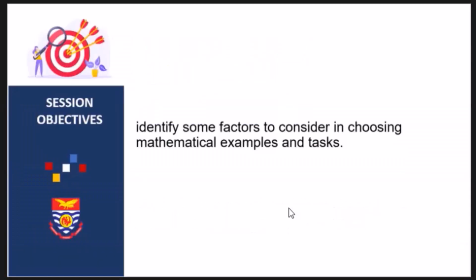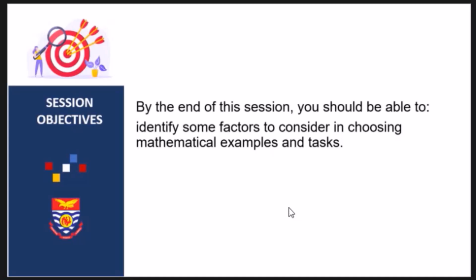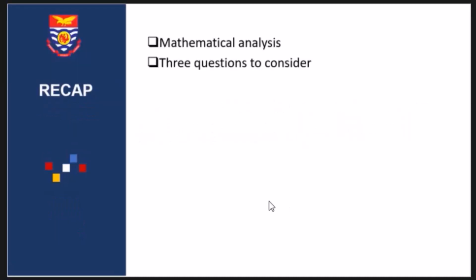Let's look at the session objectives. By the end of this session, you should be able to identify some factors to consider in choosing mathematical examples and tasks. In our previous session, we looked at mathematical analysis and we talked about 3 questions to consider when doing mathematical analysis.